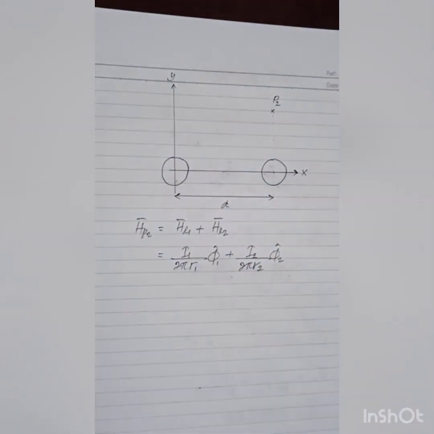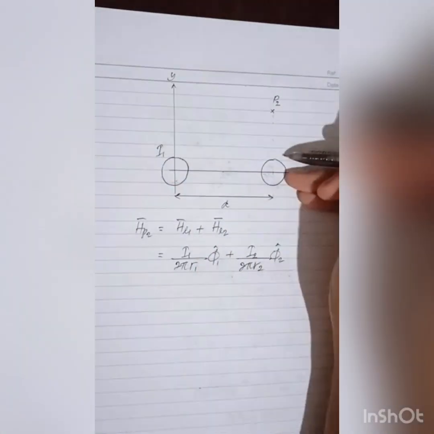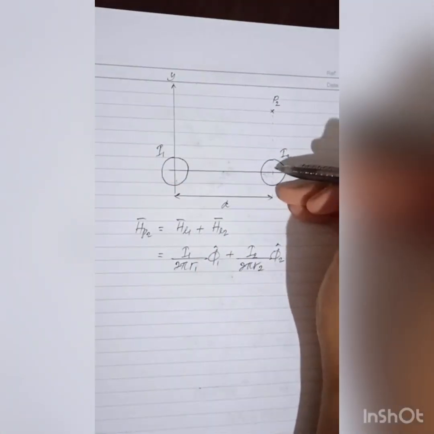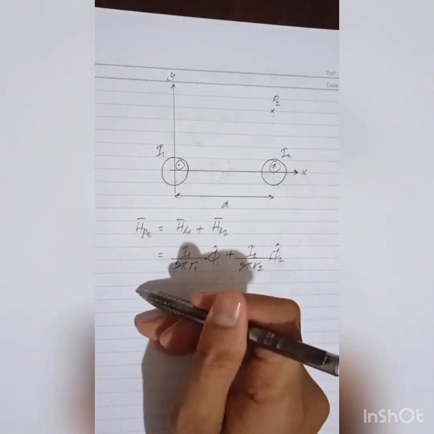Alright, look carefully at the first line current here, which is I number 1, and this is our I number 2, which is in the negative z direction, and this is the positive z direction. Let's look at the first phi 1 here, guys.